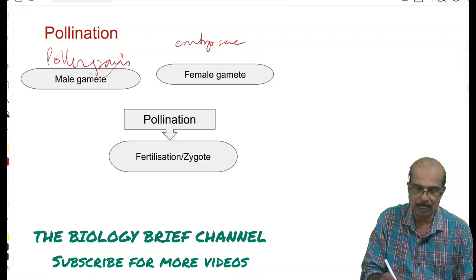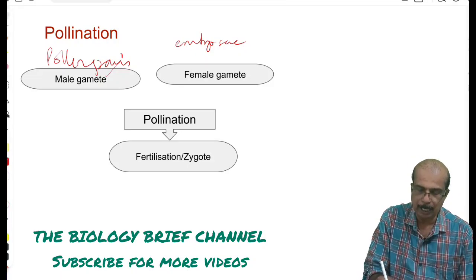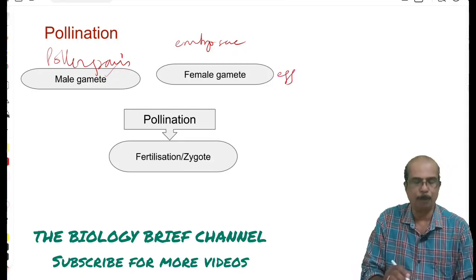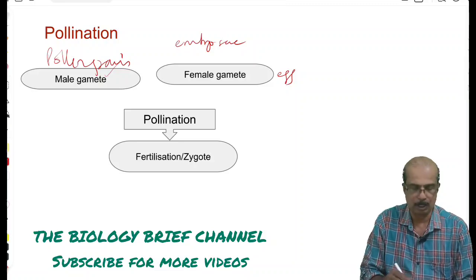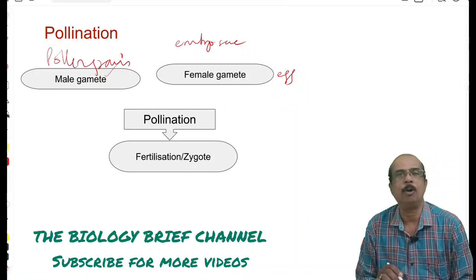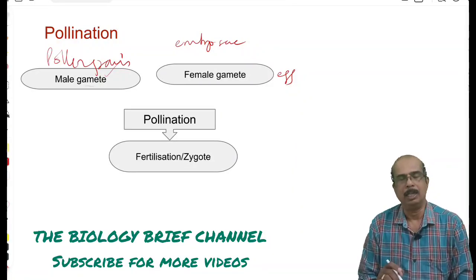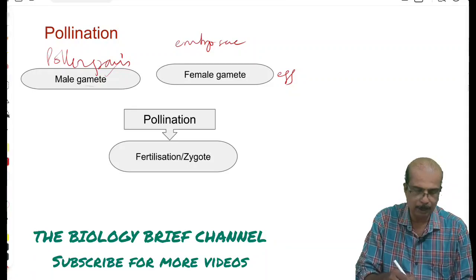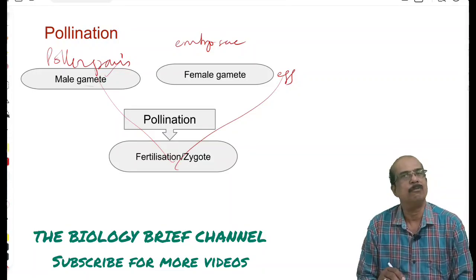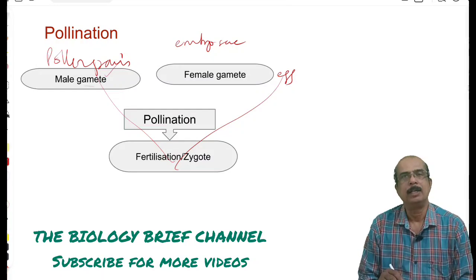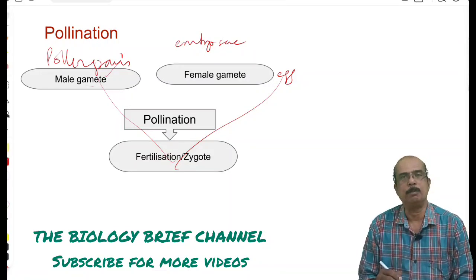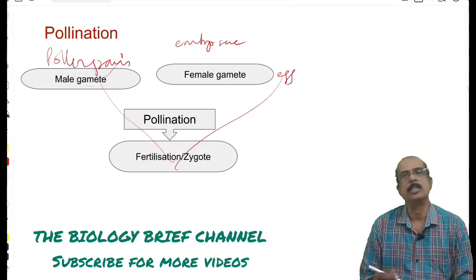Inside the embryo sac, the female gamete or egg is developed. Inside the pollen grain, male gametes are produced. Both these gametes are non-motile in nature. Therefore, they have to be brought together for effecting fertilization and formation of zygote. How is this possible? The answer is pollination.